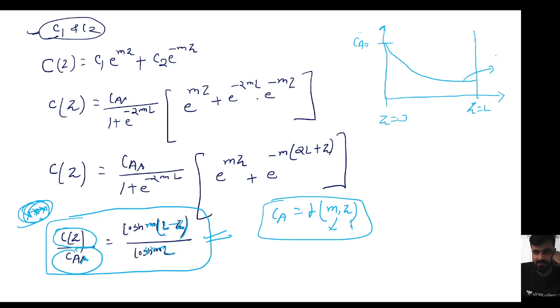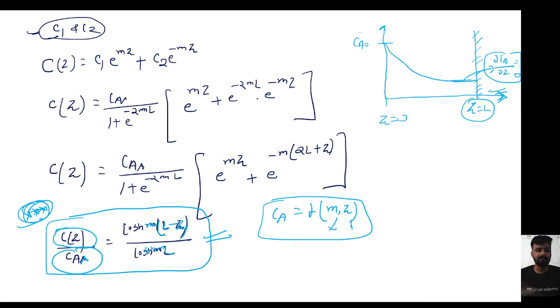So at Z equals L, del Ca by del Z is equals to 0. Why? Because the slope is decreasing and here the slope becomes constant. Just like in the case of an insulator, where at the surface of the insulator the temperature gradient becomes 0, it is the same thing: at the exit of the pore mouth, del Ca by del Z is equals to 0, and this profile looks like this. Okay. So up to this, I think everything is clear now.